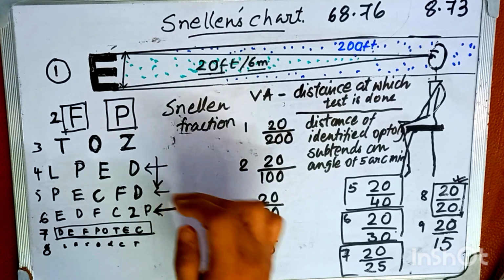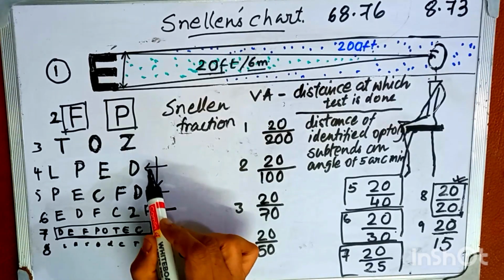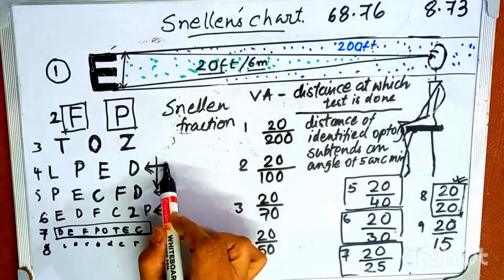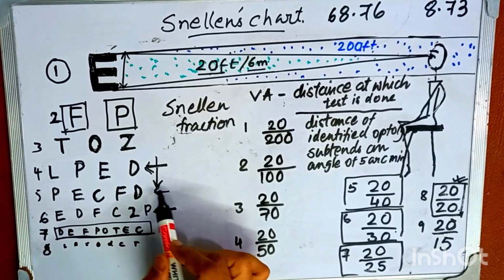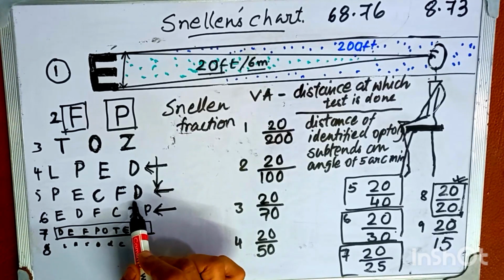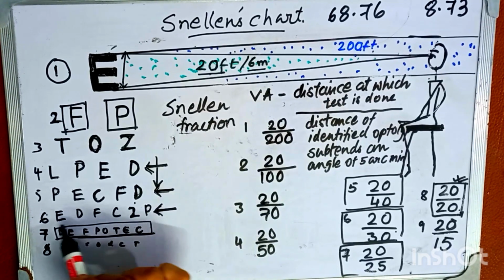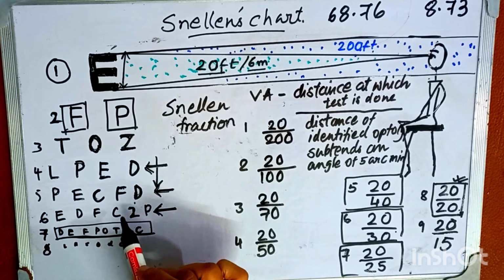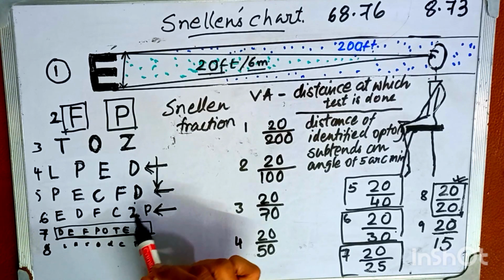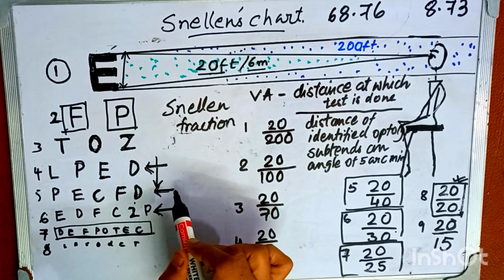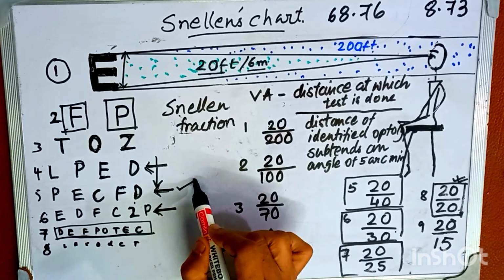At a particular line, say this line, we stop. We can read up to this line and cannot go further. Here the letters are getting hazy and obscured, and we can't tell what they are. So we decide by this line.